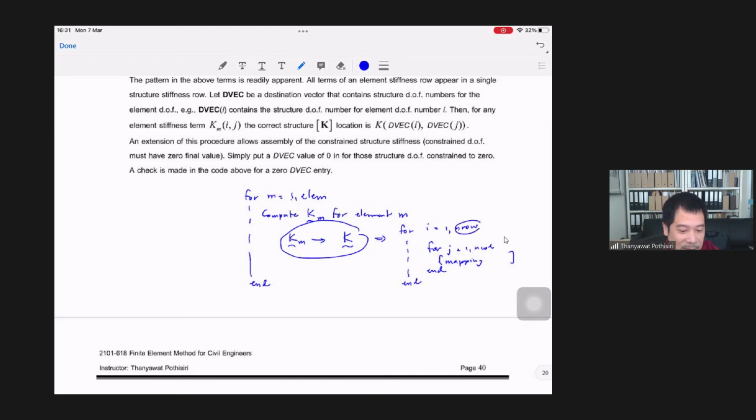The number of rows and columns here would correspond with the number of degrees of freedom of the element.